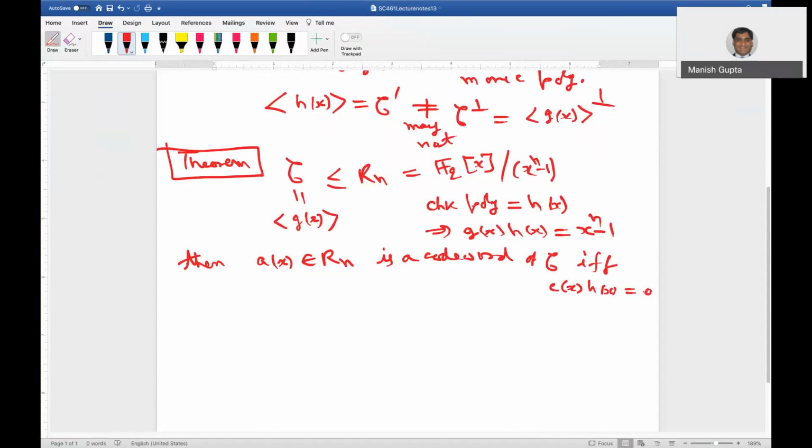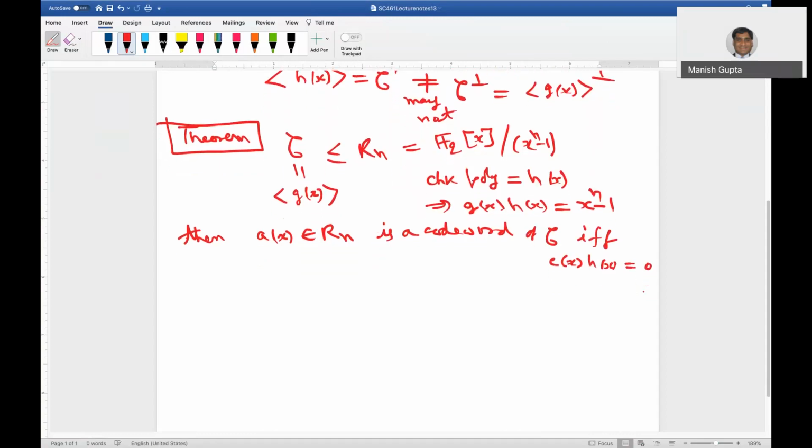Beautiful result. So what it says is that a polynomial in Rn will be a code word if and only if c(x) into the check polynomial h(x) is equal to 0. Since it's if and only if, we can prove it in two ways.